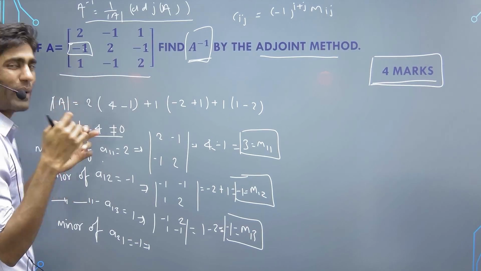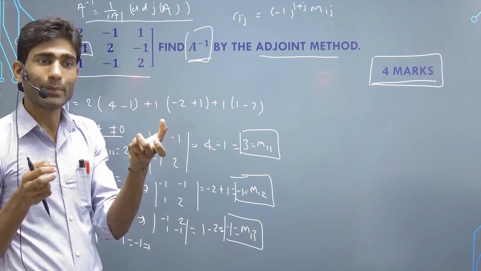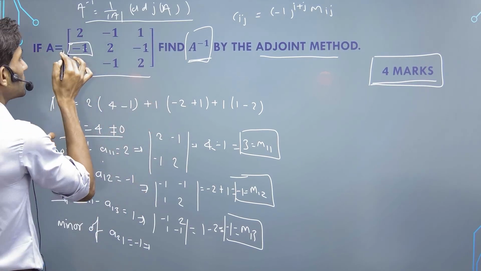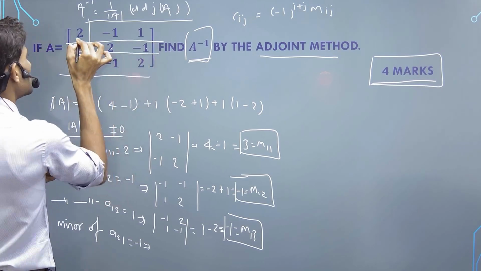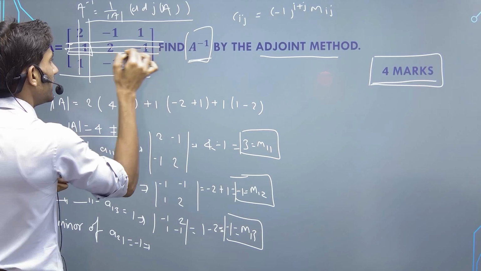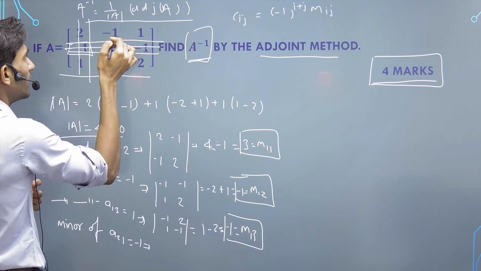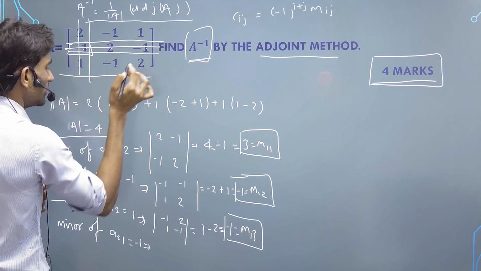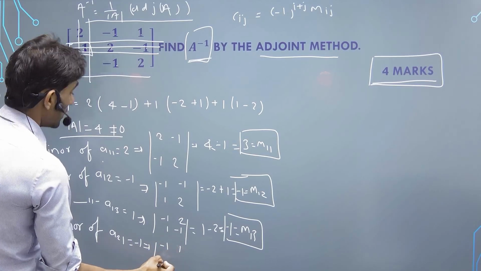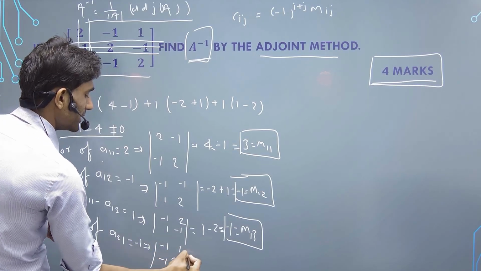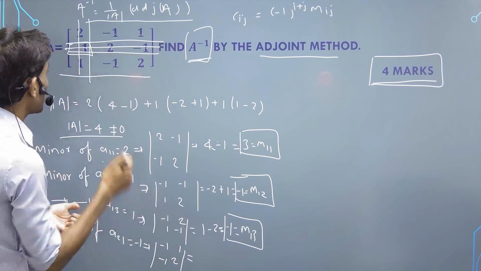We create the 2 by 2 determinant with respect to that element. Create a bracket for this -1, delete that row and column, and the remaining leftover values -1, 1, -1, 2 form the determinant. This 2 by 2 determinant gives us the minor for the element.